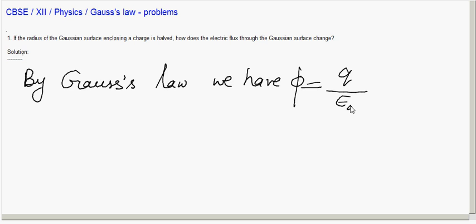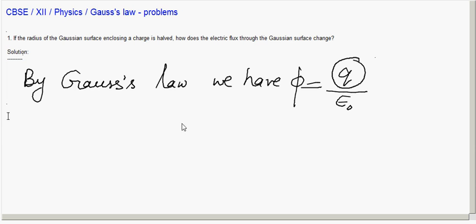So the flux depends upon the total charge and not the area or the radius of the Gaussian surface. The total charge enclosed by the Gaussian surface remains the same even though you halve the radius, and hence the total electric flux will remain constant.